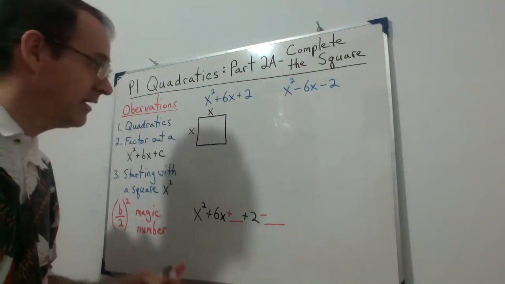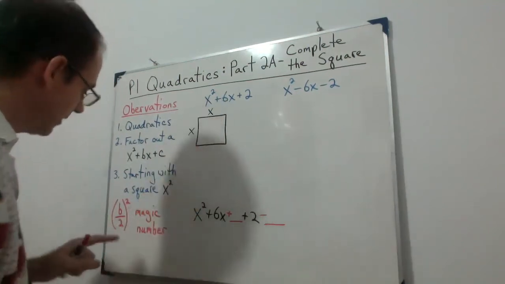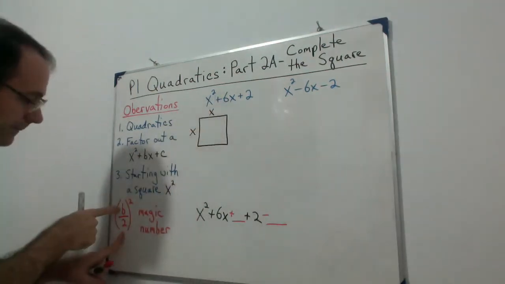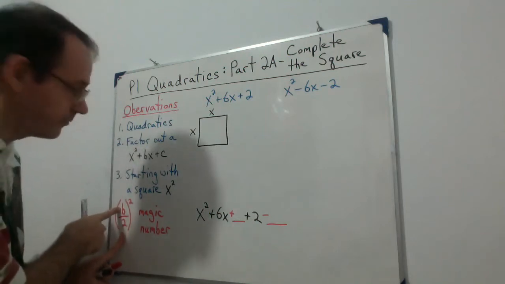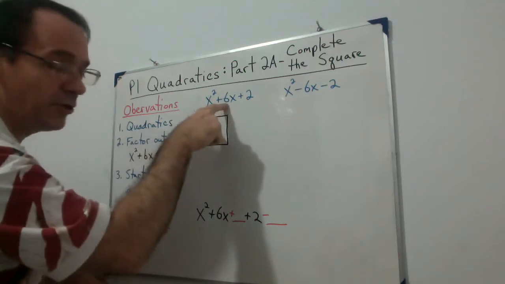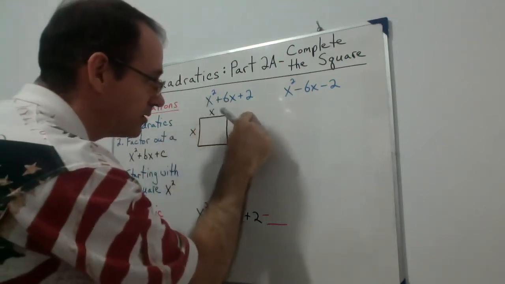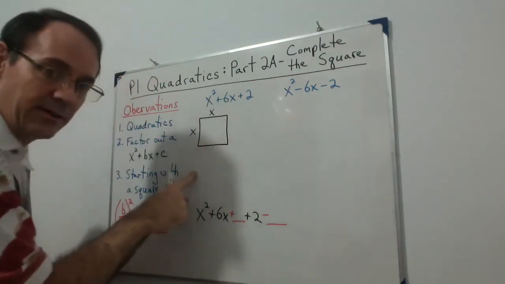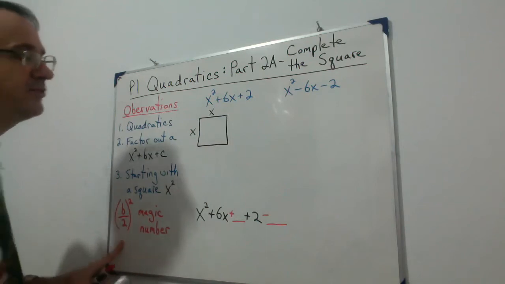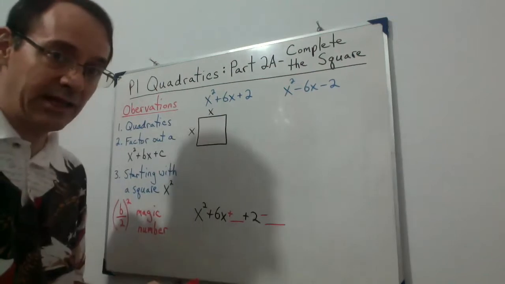Well, to do that, if we have 2 sides that we need to add it to, then we need to divide it by 2. Notice the 6 is our b term, the second term in a, b, c. It's the b coefficient. So we need to divide the 6 equally along the 2 sides. So we get b divided by 2. And when we take 6 divided by 2, we get 3.